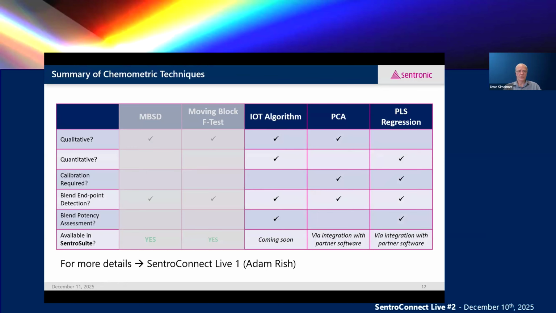They are more used to monitor process changes or process moving towards an endpoint. Besides that, our systems provide capabilities of PCA, PLS, and also lean chemometrics algorithms like IoT to give access to converting the data of the spectra into results.